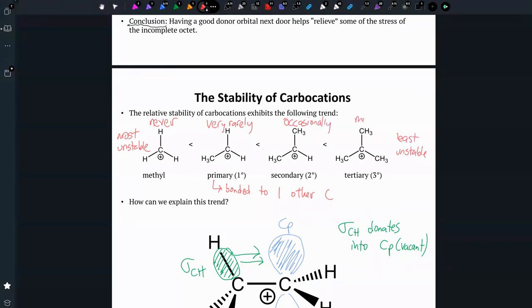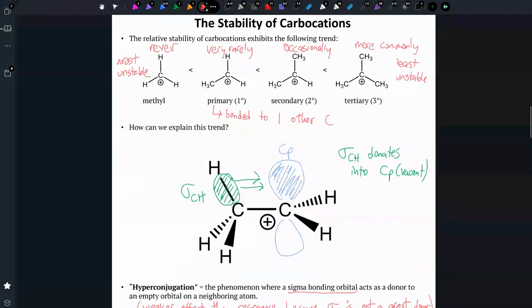And then tertiary carbocations are going to be much more common for us to see. But you'll see that as you do reaction mechanisms in the upcoming modules. You'll see that distinction between carbocations.